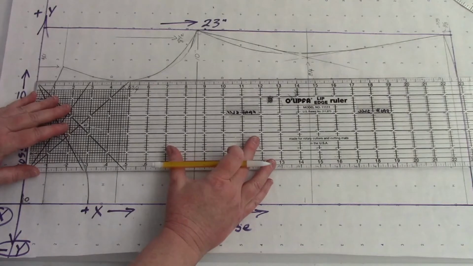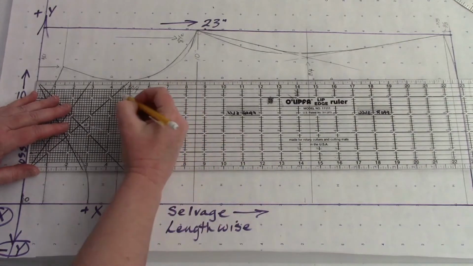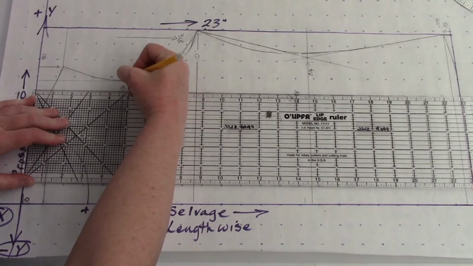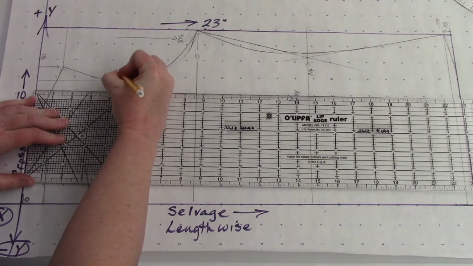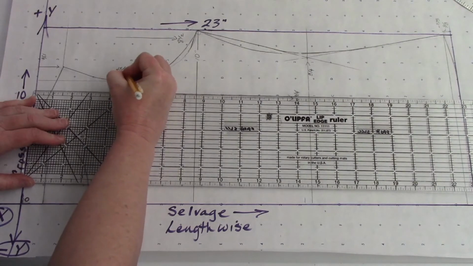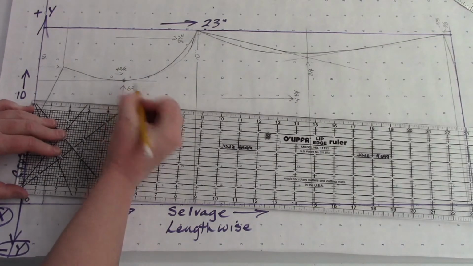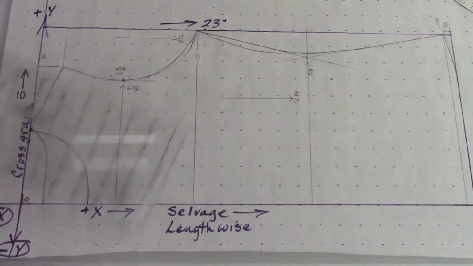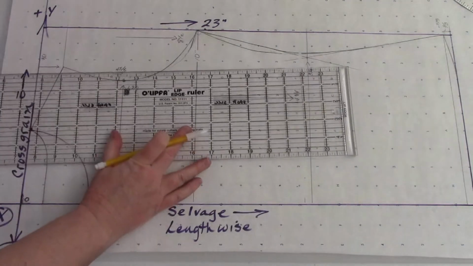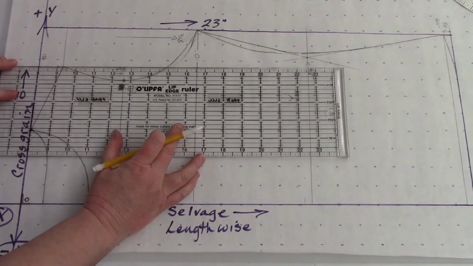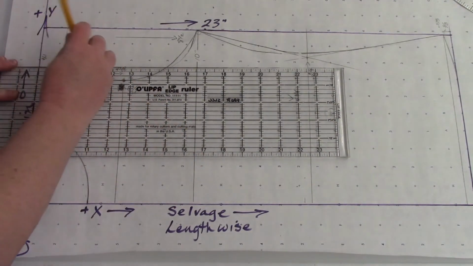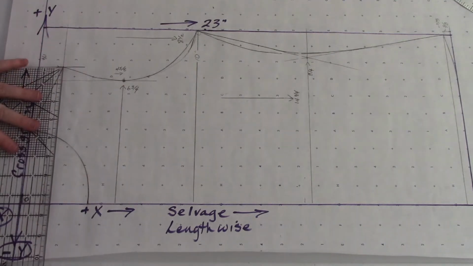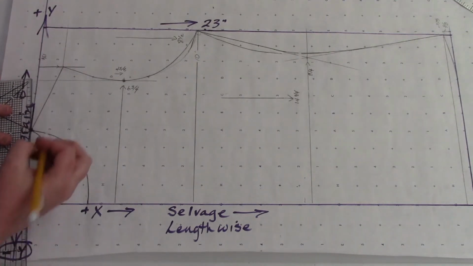And that 6 3/4 happens at 4 5/8. So right here, coming down is 4 5/8. So I'm going to need to put a point where those two intersect. This one is at 1 1/4, and that line where that corner is going to be right here, and that is 7 1/2 inches out.